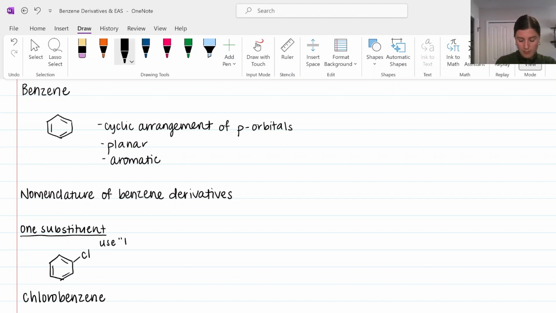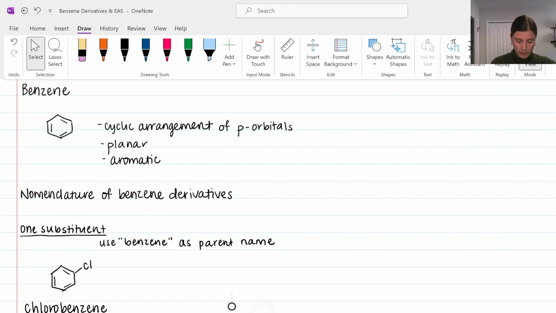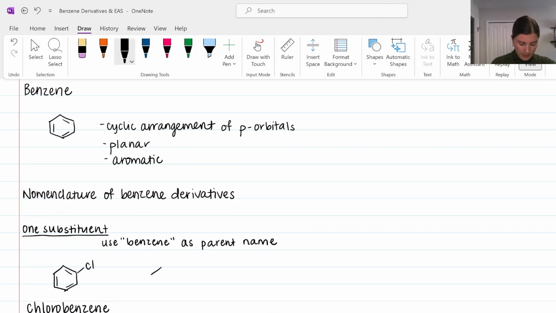So we use benzene, that word, as the parent name for these molecules. So there's chlorobenzene. Here is another one. This benzene ring has a substituent of NO2.